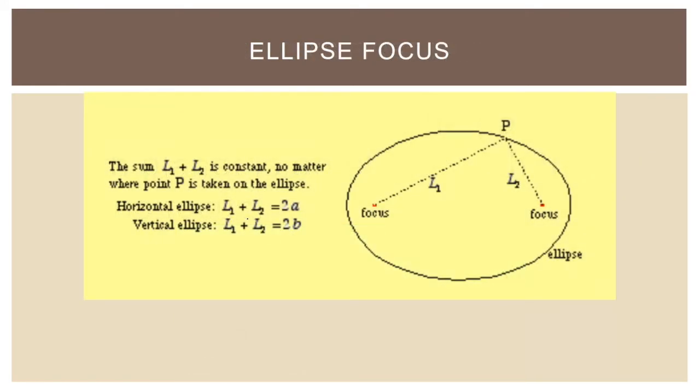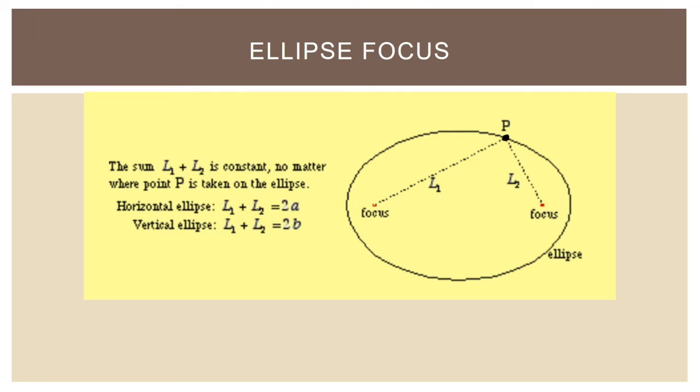And the idea here is pretty simple. If we take any point on the outer edge, or the perimeter of the ellipse, and you draw a line to each focus, the sum of the lengths of those lines is the same. That's what makes the focus the focus.